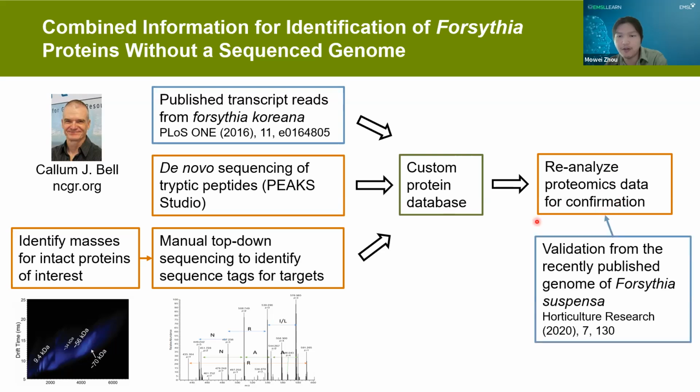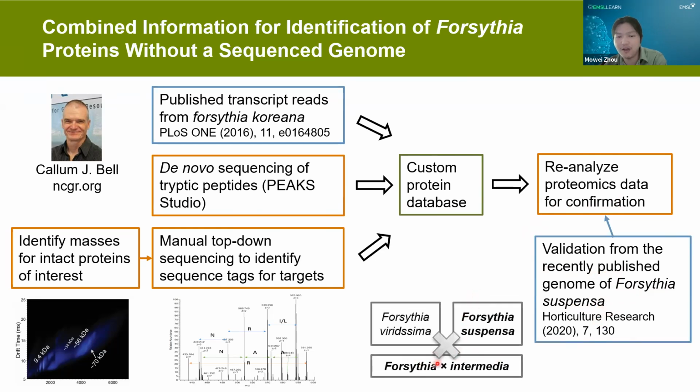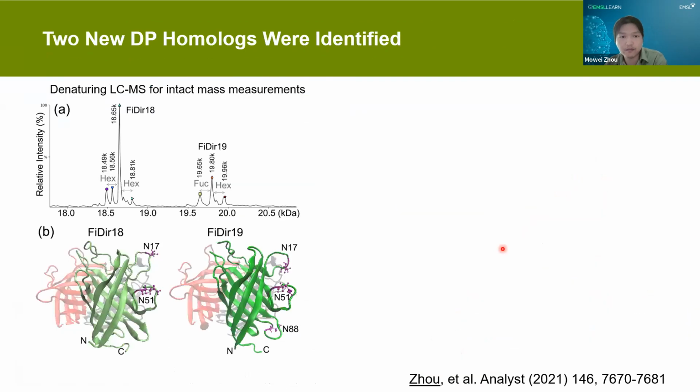There was a pleasant surprise towards the end of the project, which is the publication of the Forsythia suspensa genome. Again, this is not the exact plant we're studying. We're studying this Forsythia intermedia plant, and the suspensa genome is a parent plant of this hybrid. We don't have the full genome, we have about 50% of the genome, but that really helped us validate that we are getting the sequences correct in our de novo analysis.